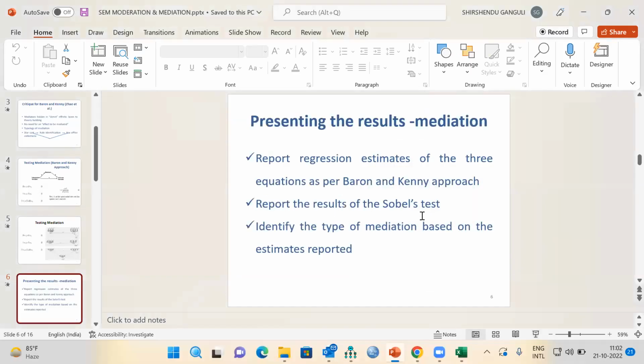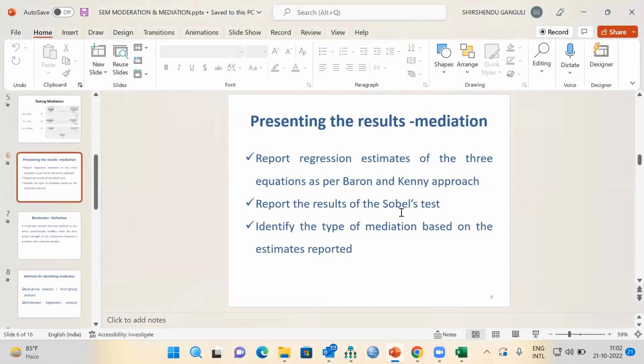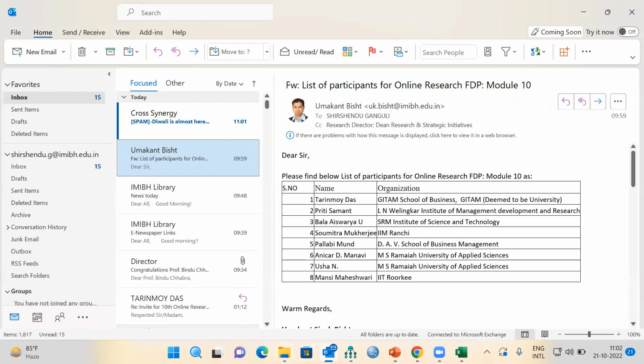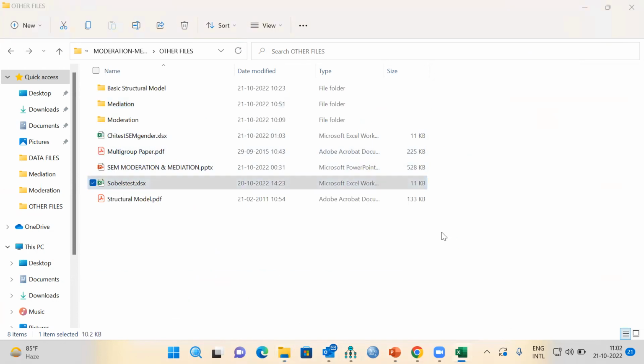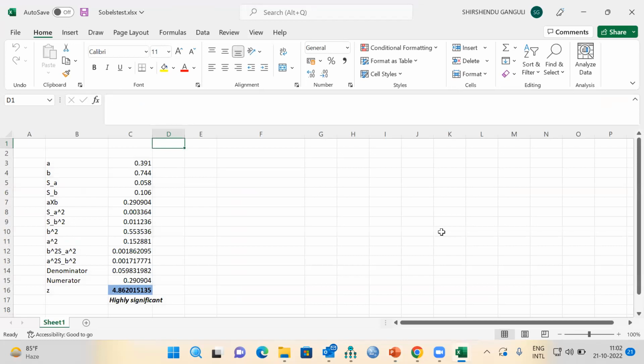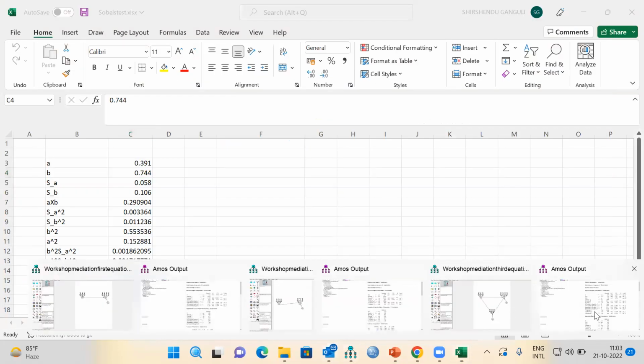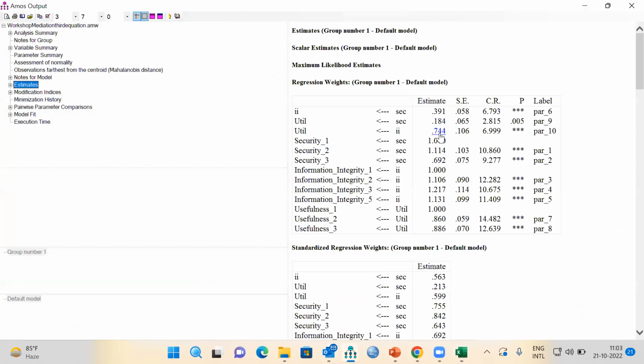Now, how to do this Sobel's test? The path A and path B regression coefficient values, which we have got from the table, are 0.391 and 0.744.